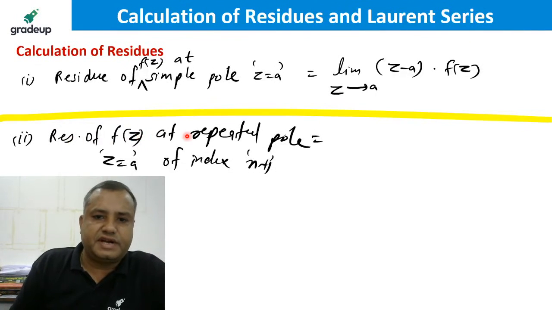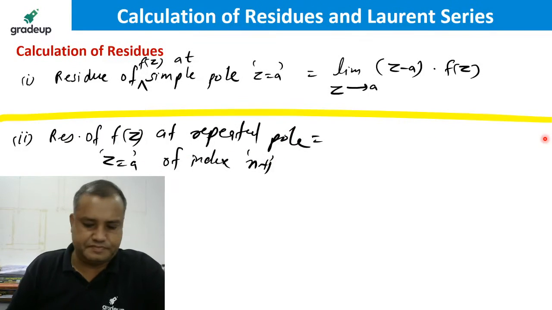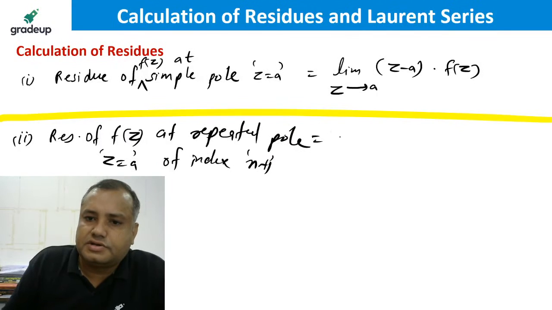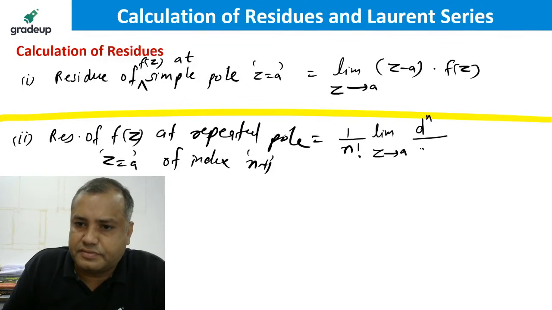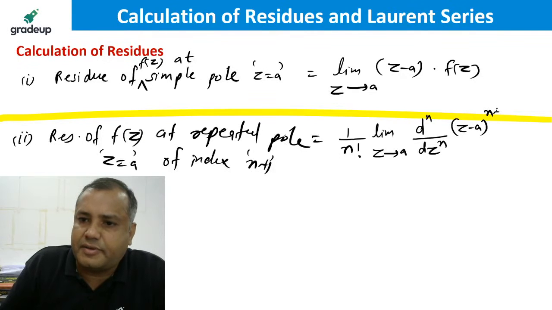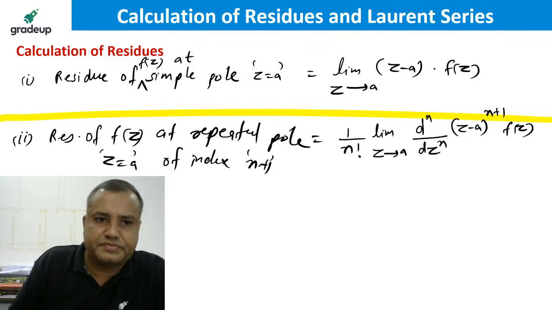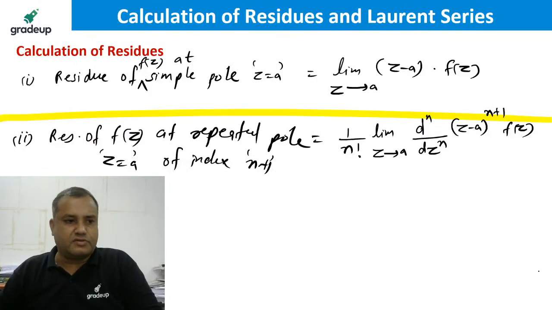Residue of f of z at repeated pole z equal to a of index n plus 1 is 1 upon factorial n, limit z tending to a, nth derivative with respect to z of z minus a to the power n plus 1 into f of z. These are the formulae for the calculation of residue.